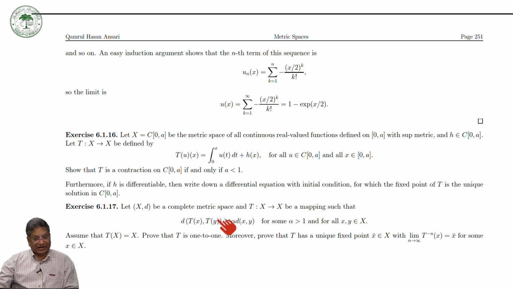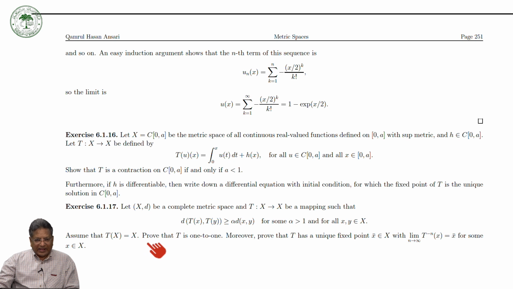Here it is greater than or equal to for some alpha greater than 1, but in the Banach contraction mapping, alpha must be less than 1. So here we have almost the reverse of the contraction, and assume that T is onto.